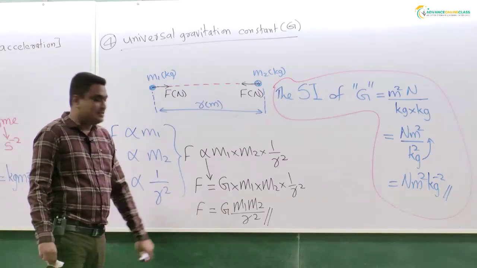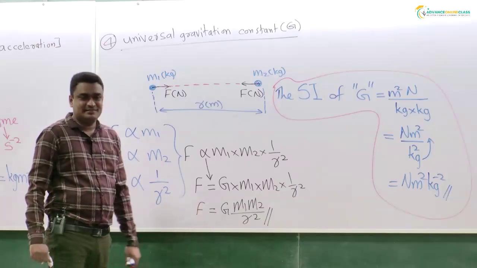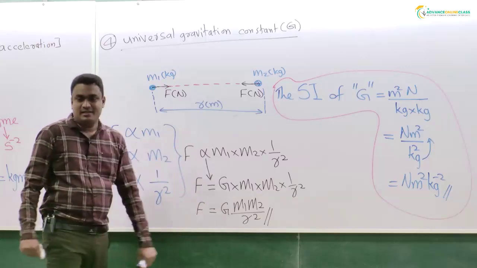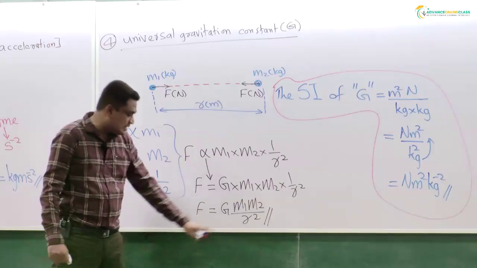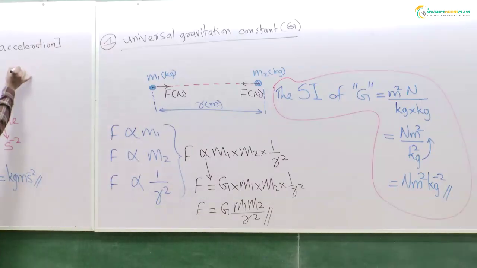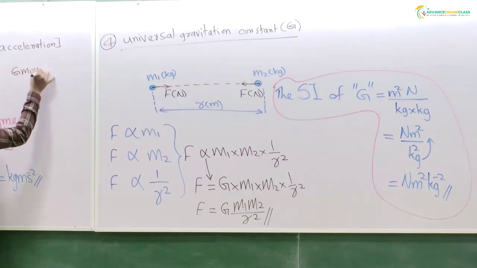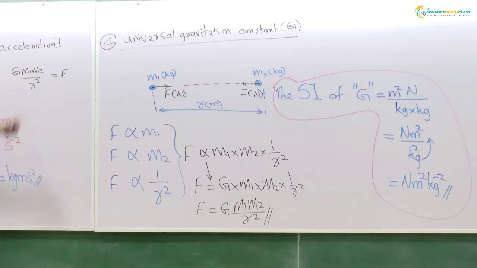Now, subject capital G, dear. So this is how to find the attraction force between any two masses in the universe. Subject capital G from this. Let's write the equation like this: G M1 M2 over R square equals F. Take R square and M1 M2 to the other side.